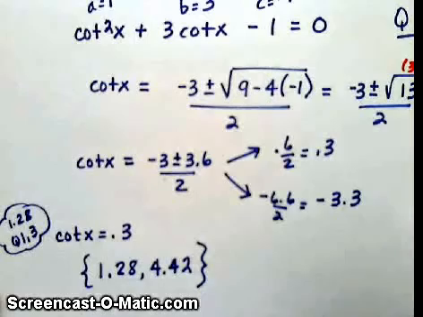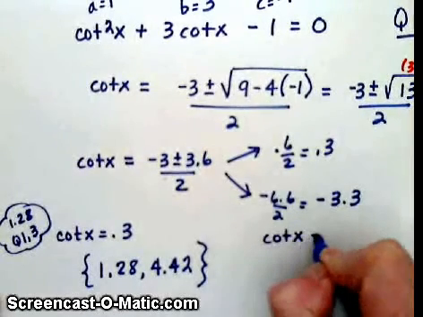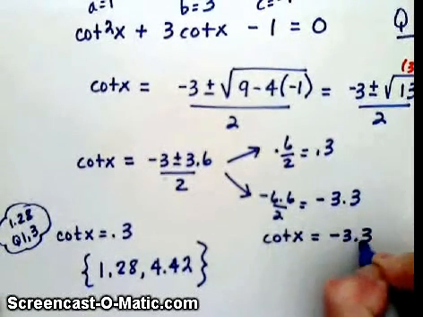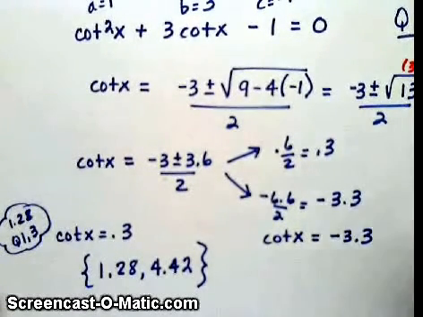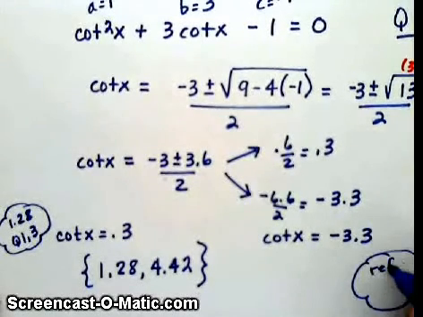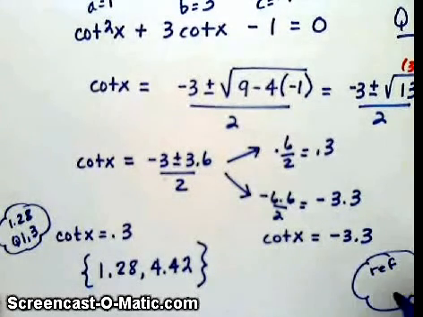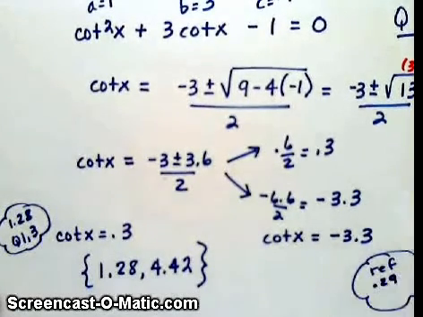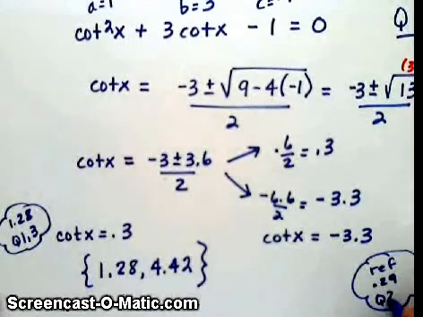Then for our second one, cotangent x is equal to negative 3.3. Remember, put in the positive. Here's what your calculator is going to tell you. It's going to say the reference is 0.29. We need it in quadrants 2 and 4.